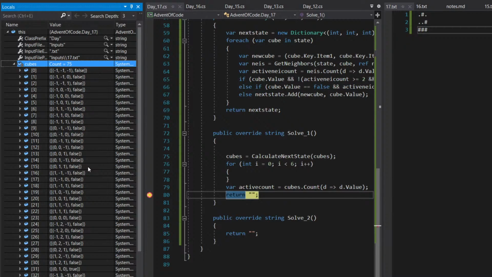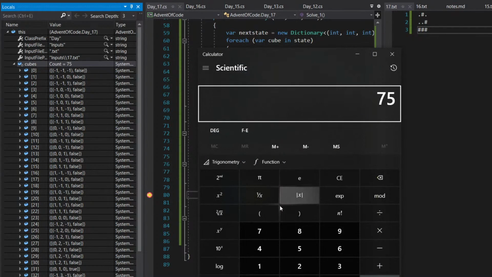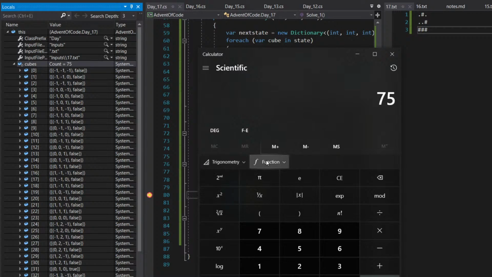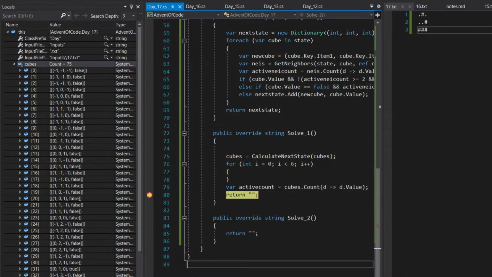What would that be? Is there a button for cubed root? I don't know. I don't know what I'm doing.